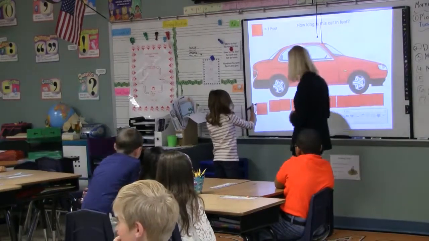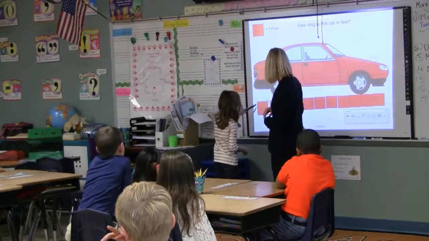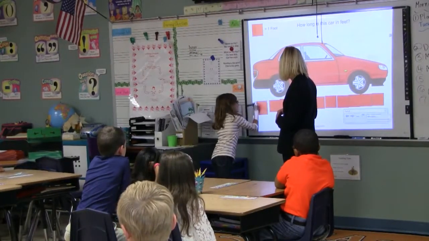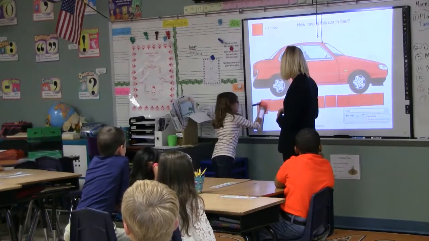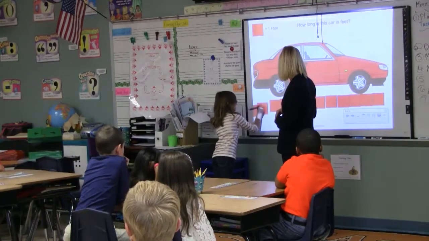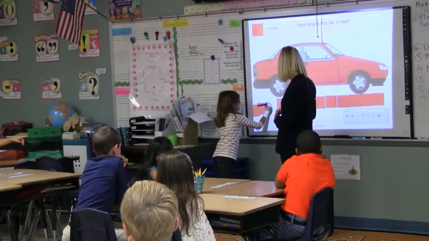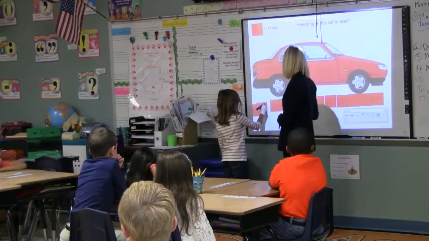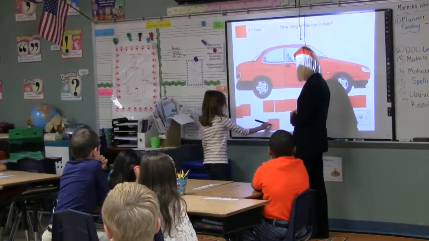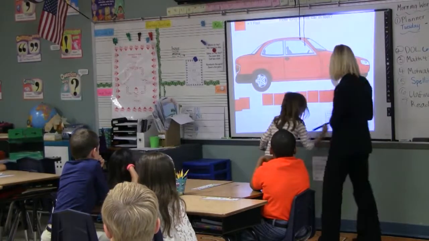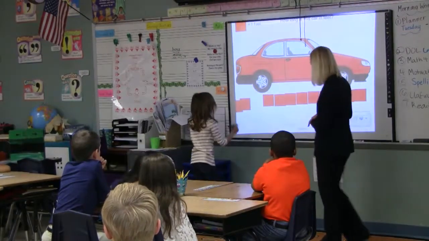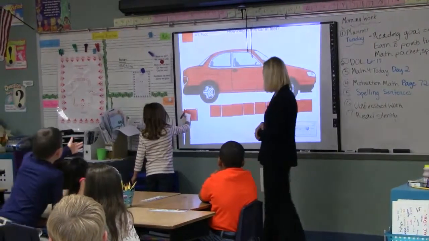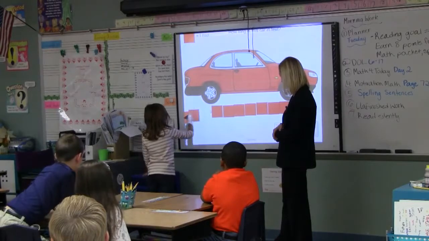It's not grabbing that one. Do we have an extra one? Yes. If you have an extra one, you can just put it on here. Okay, there we go. Emma, just use the other one.